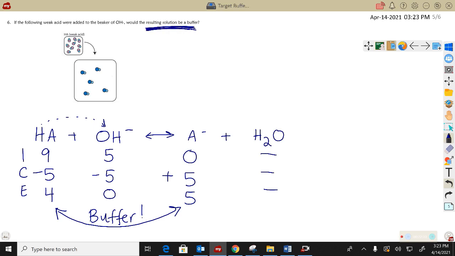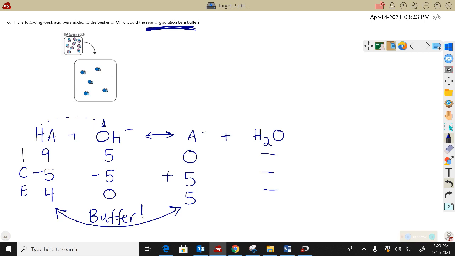The initial solution is not a buffer. The initial solution was just a weak acid. But the final resulting solution, after I get rid of all that hydroxide, that is a buffer. I produce the conjugate base. Aha, tricky.